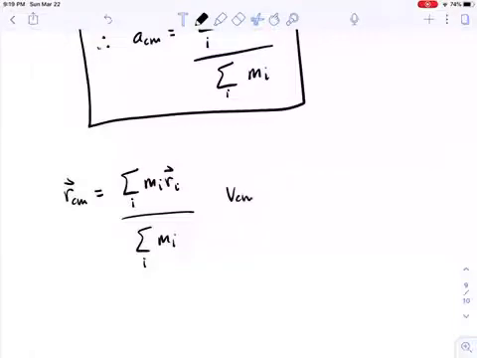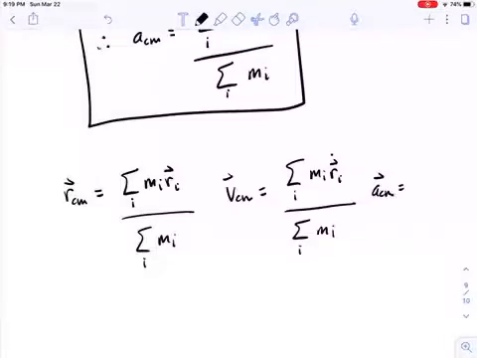V center of mass is the sum of mi ri dot divided by the sum of mi. And A center of mass is equal to the sum of mi ri double dot divided by the sum of mi.